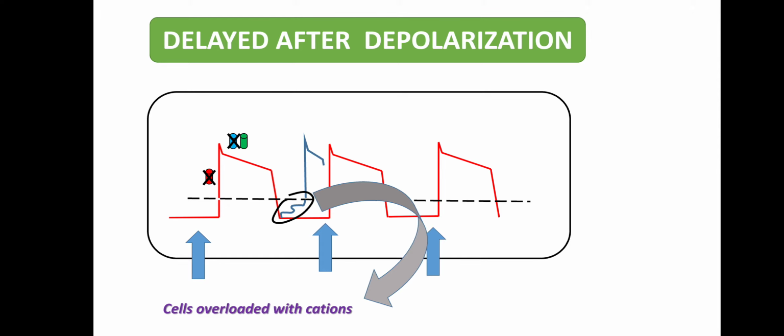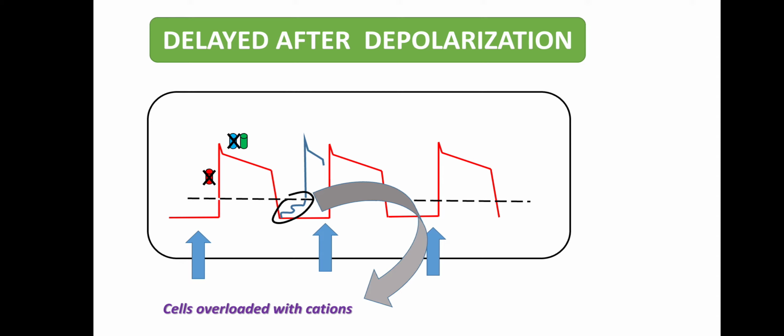The reason behind early afterdepolarization was a prolonged repolarization stage, mainly because of inefficiency of the potassium channel to cause outflux of the potassium ion, which causes prolongation of the repolarization stage. But the reason behind delayed afterdepolarization is that this particular myocardial cell is overloaded with cations.